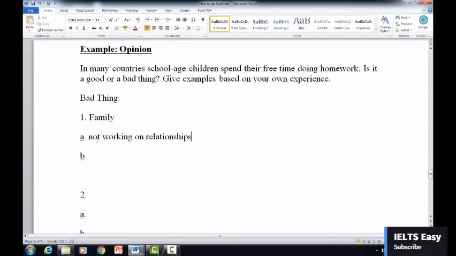Because they're at home using all their free time doing homework. They're not working on their relationships with their family. Okay, so that's something that they have to be able to do. And instead of doing schoolwork, they could be learning values from their family in their free time. Right, they could be learning family values.